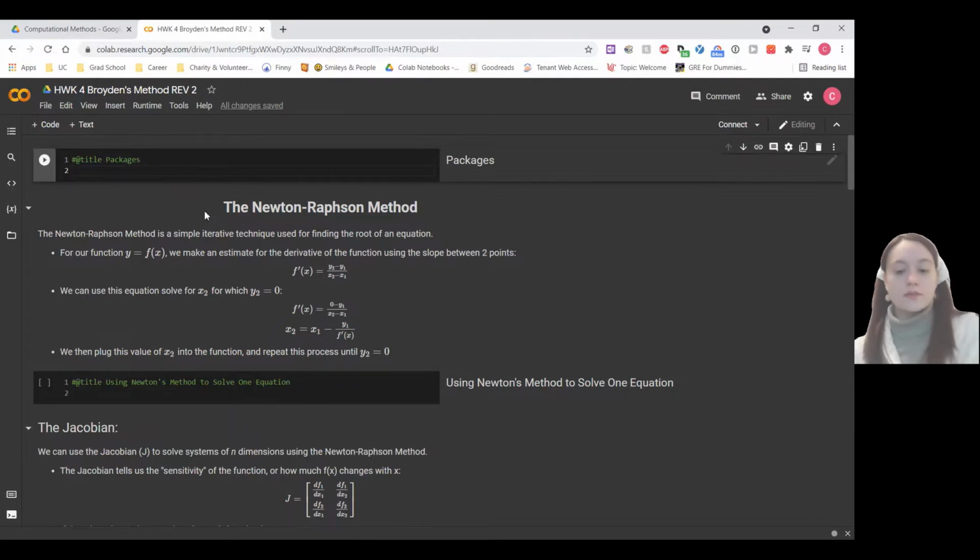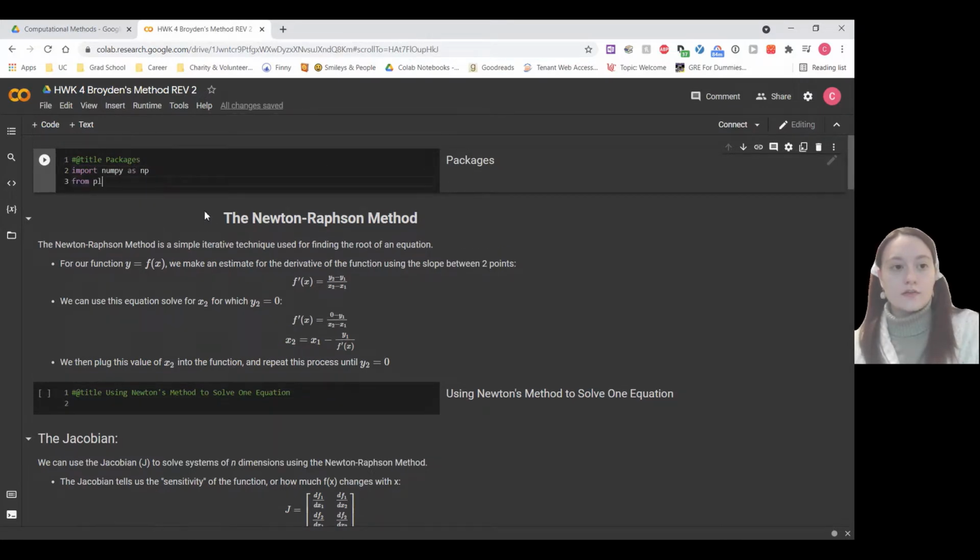So first I'll need to import the packages that we're going to need. So I'll need NumPy. We're also going to be plotting some of our functions. We'll make subplots.